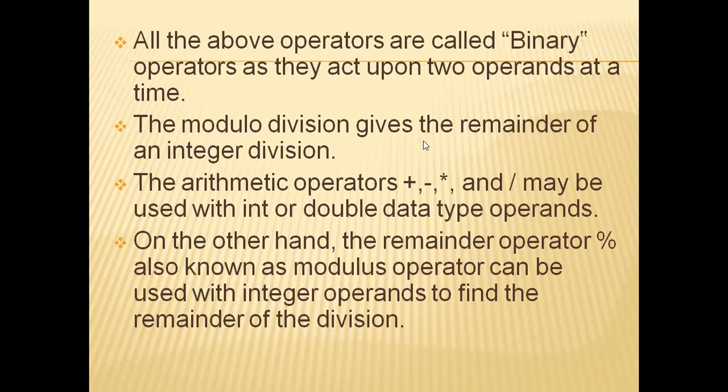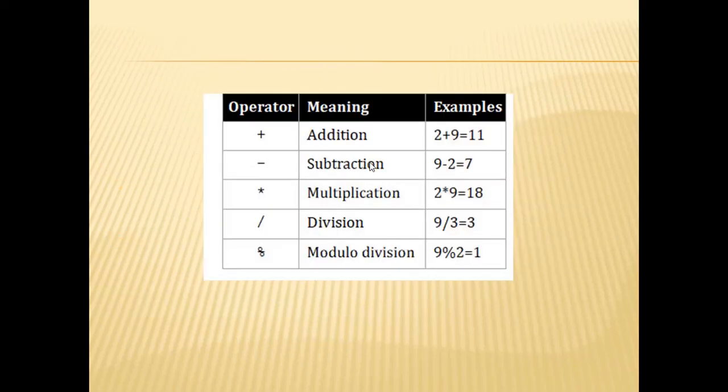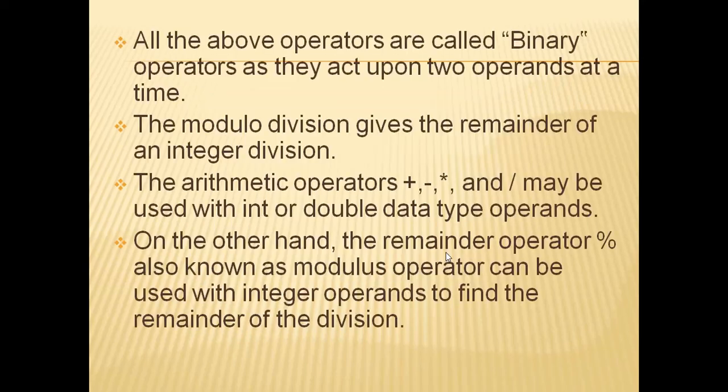The modulo division gives the remainder of an integer division, as we explained before. The modulo operator gives the remainder value. The arithmetic operators plus, minus, multiplication and division can be performed on double data types and integer data types. We can perform all these operations on integers and double values.